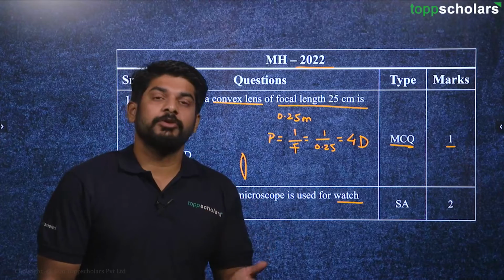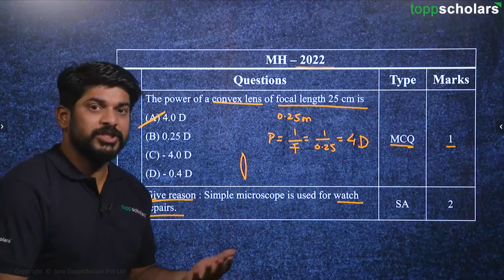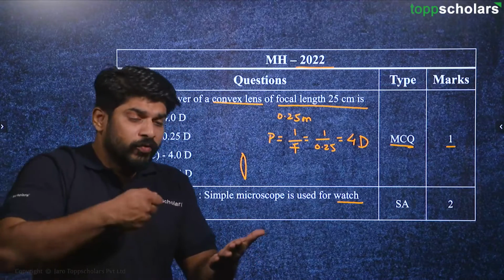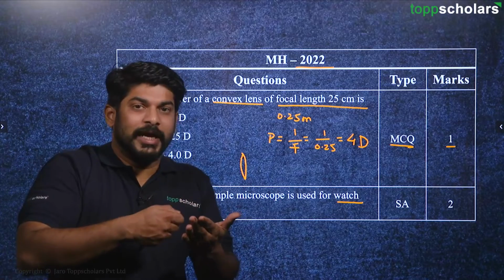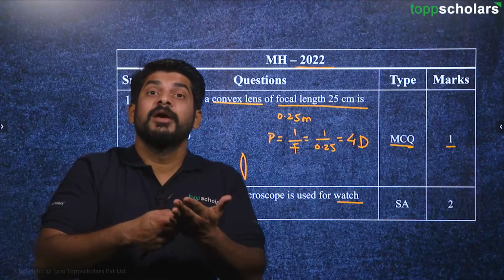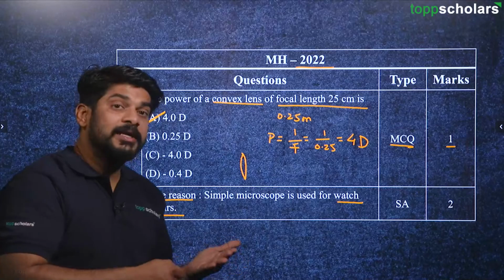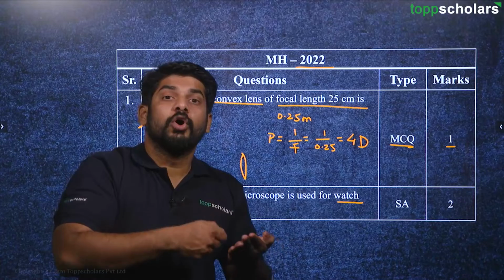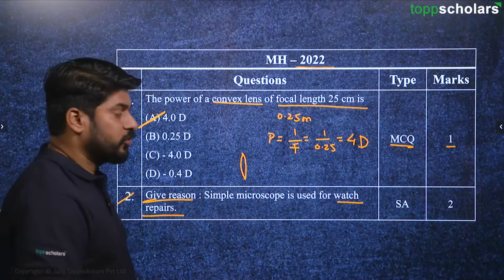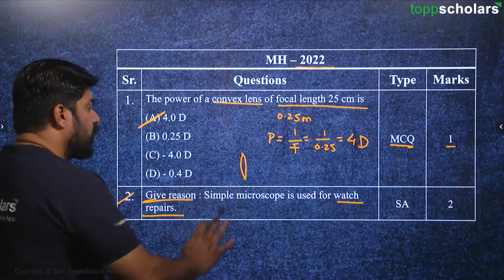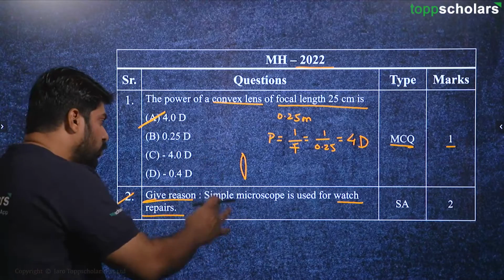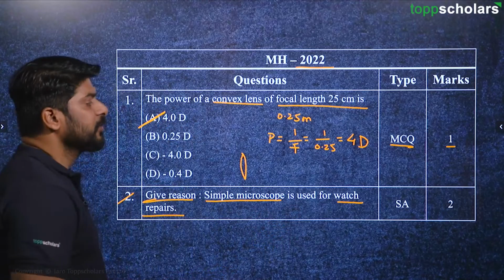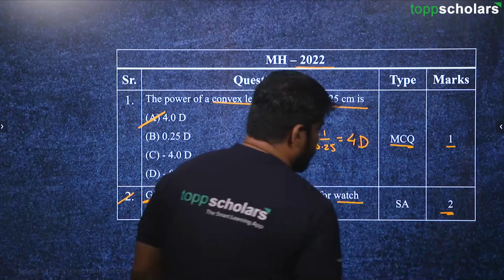So that's why the person who is repairing wristwatches keeps the simple microscope or the lens very close to the watch, so that the watch is between F and O. In that case only he is able to see a magnified and erect image of that wristwatch. So this will be the reason. You can show this by drawing a simple diagram also, for the simple microscope. And this is for 2 marks.